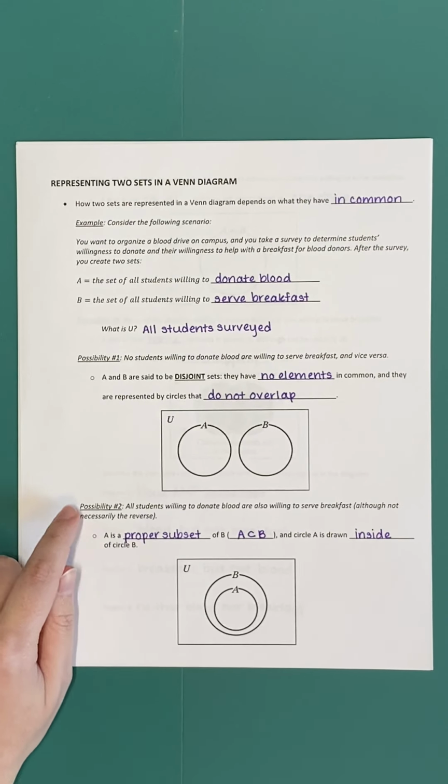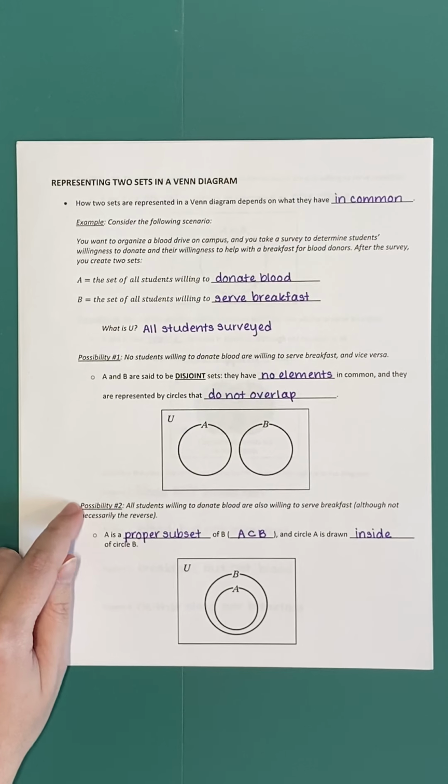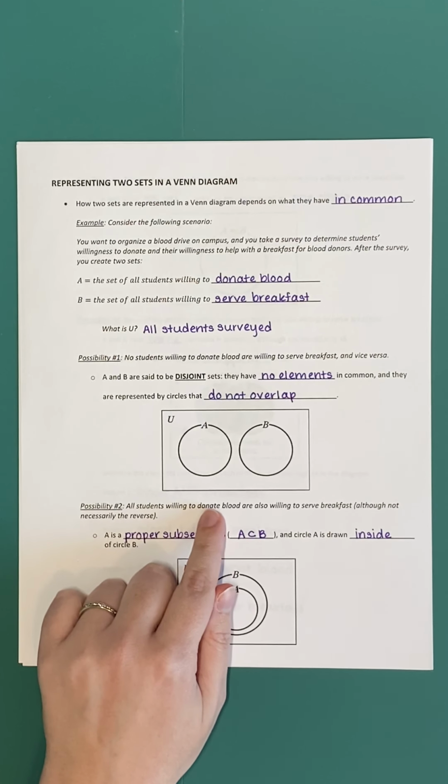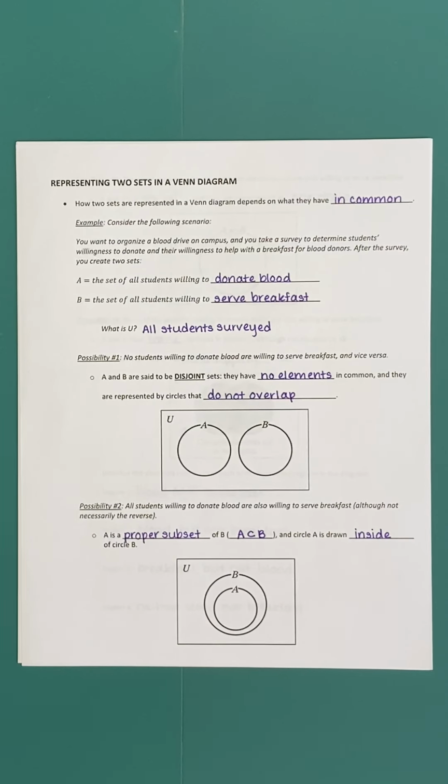Now here's another possibility. All students who were willing to donate blood are also willing to help with breakfast, but not necessarily the reverse. So anyone who said they'd donate blood also said they'd help with breakfast. And then there are also some other people who said, yes, I'll help with breakfast, but for some reason they chose not to donate blood.